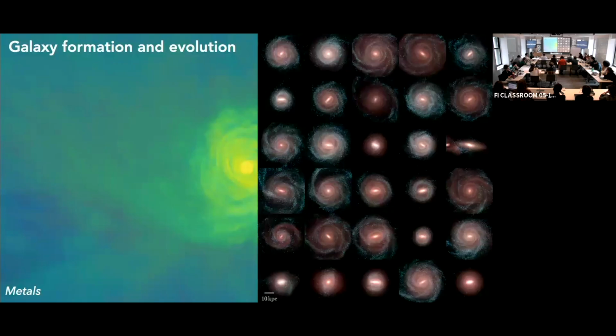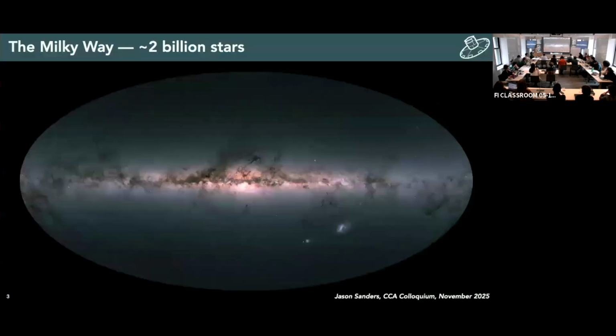So I come at this from a different perspective, and my perspective is trying to understand a single galaxy composed of individual stars. And I think this is best exemplified by this nice image from the second Gaia data release. This is Gaia's view of the entire sky. The way this image has been put together demonstrates the power of Gaia, or the power of looking at the Milky Way.